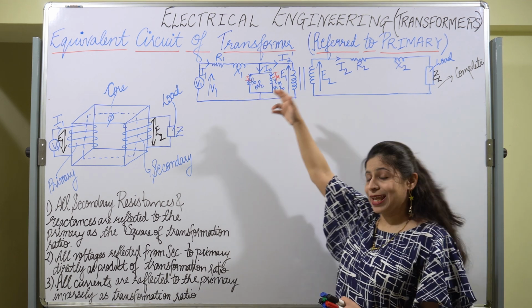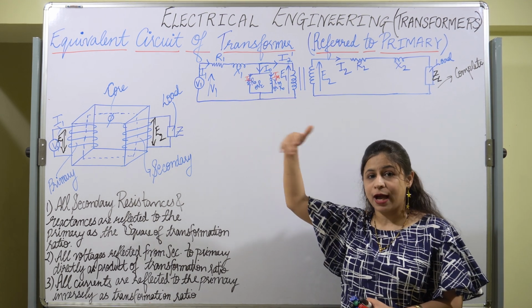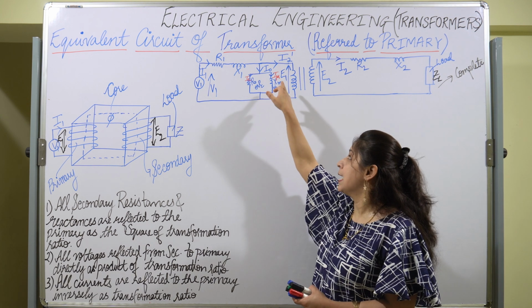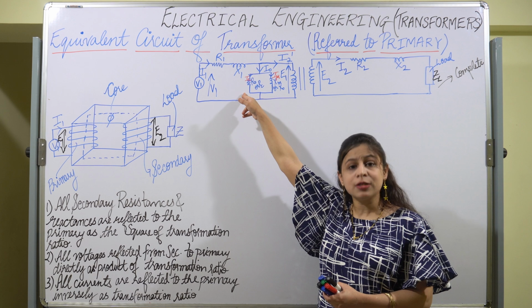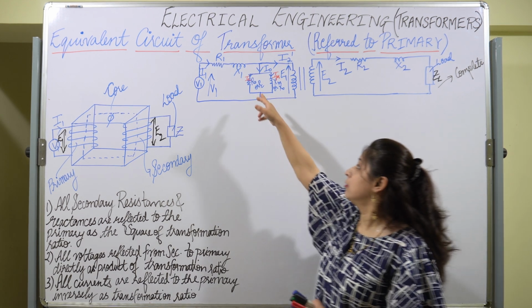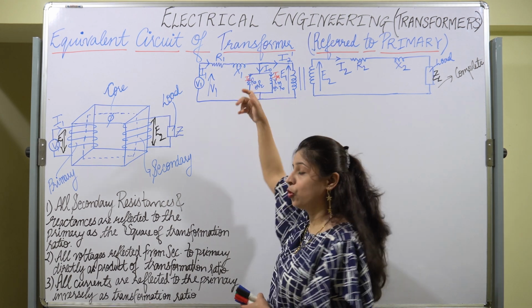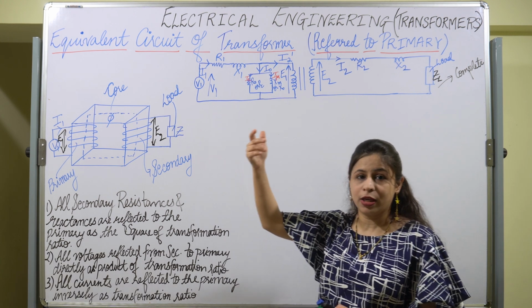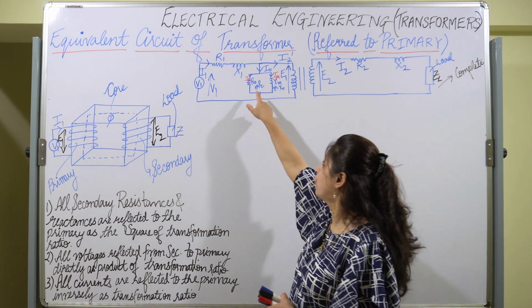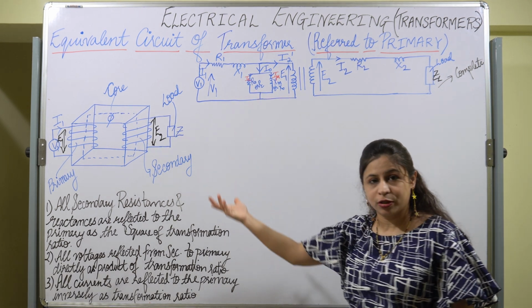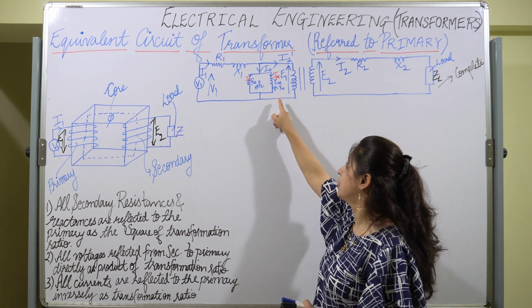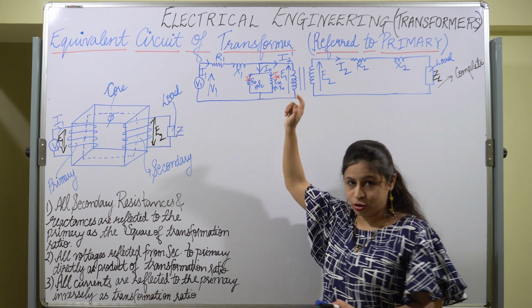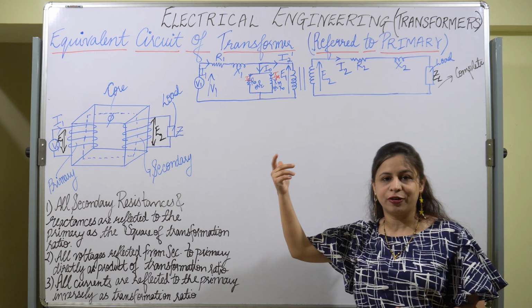The no load current again has two components, the magnetizing component I mu and the core loss component IC. Then the resistance can be denoted by R naught, for the no load, or by RC, and the reactance can be denoted by XM or X naught. X naught represents the no load reactance.